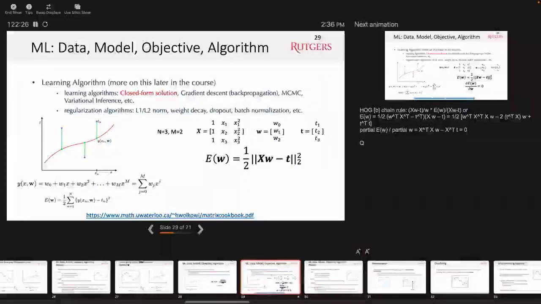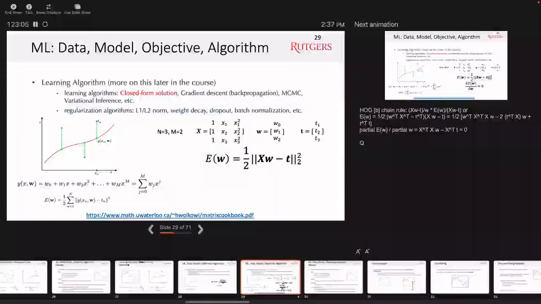So X times W: X is a 3 by 3 matrix, right? W is a 3-dimensional vector, but it's a column vector. You can think of it as a 3 by 1 matrix. So ultimately, if you multiply them, you get a 3 by 1 matrix, or a 3-dimensional vector. And the first entry of this vector is going to be the inner product between these 3 values and these 3 values.